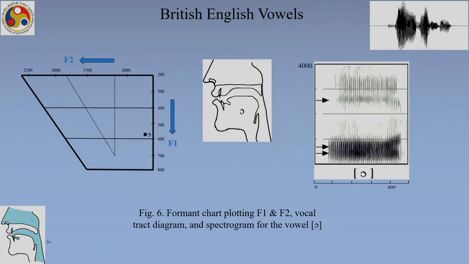Similarly for O, again we see that F1 and F2 values are pretty close, and we have an F1 value between 500 and 600, and an F2 value which is also low. Let's say the F1 is around 580, and this could be around 600, 700.